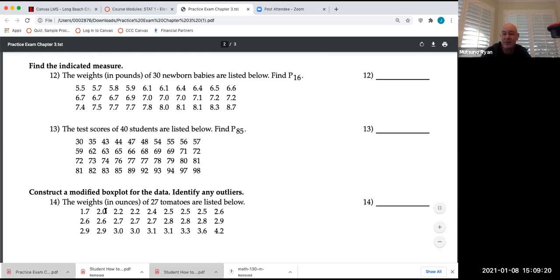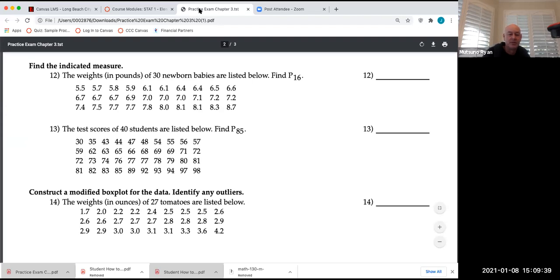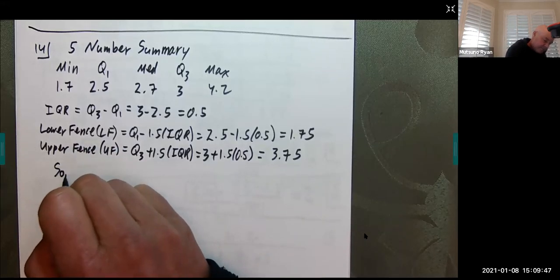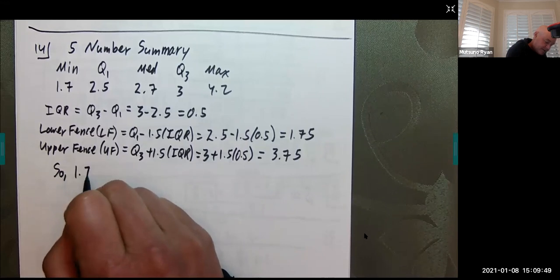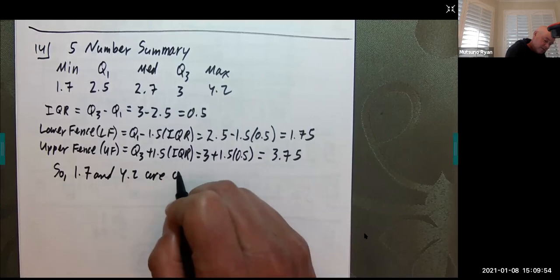That's bigger than 1.75, so it's above our lower fence. So let's go to the other side. Anything bigger than 3.75 is an outlier. And I can see right here, 4.2, that's an outlier. The next one down is 3.6. That's below 3.75, so we're good to go. So our conclusion: 1.7 and 4.2 are outliers.